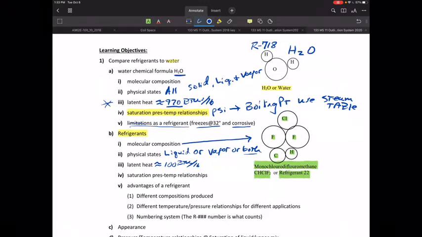All right, so the next thing that we're going to take a look at is called the saturation pressure temperature relationships. And this should not be anything new to any of you. The saturated pressure temperature relationships that we typically deal with are going to use some sort of a table, a reference.